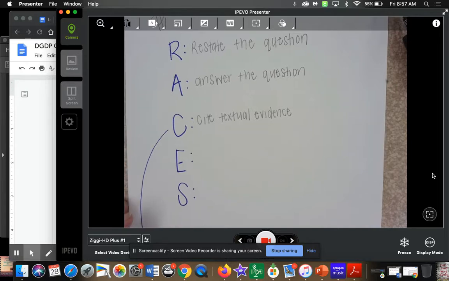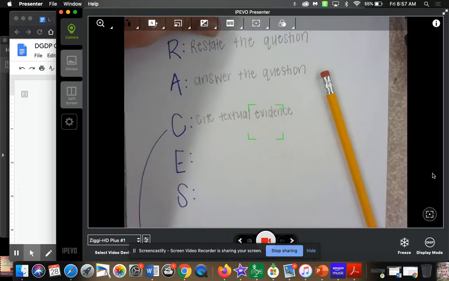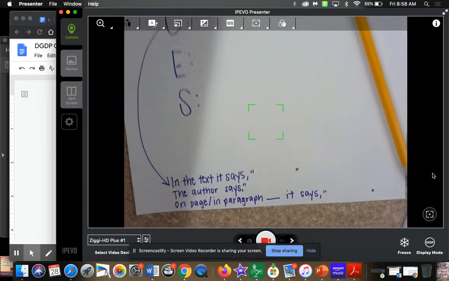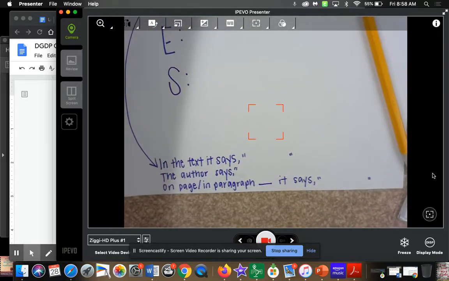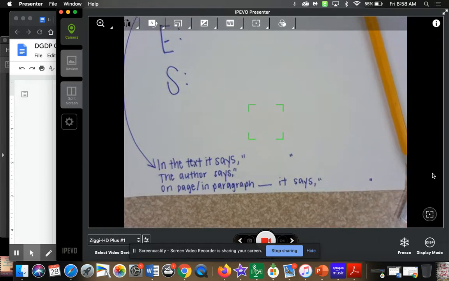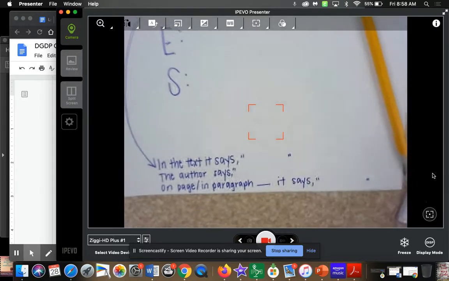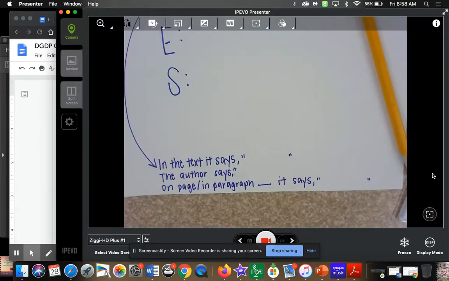Now, when you cite textual evidence, it could look like this. It could say, in the text, it says, in the paragraph, it says, Jordan Sonnenblick says, or the author of your book, Jason Reynolds says, or Jacqueline Woodson says, or John Green says, or whatever book you're reading.